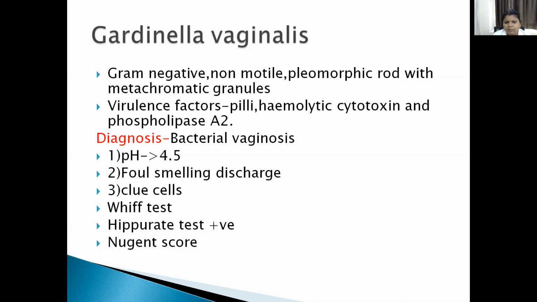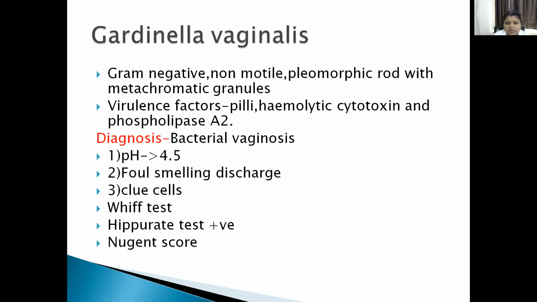Bacterial vaginosis can be diagnosed by using microscopic criteria of gram stain of high vaginal swab using the Nugent score. So the Nugent score is used for diagnosis of bacterial vaginosis.